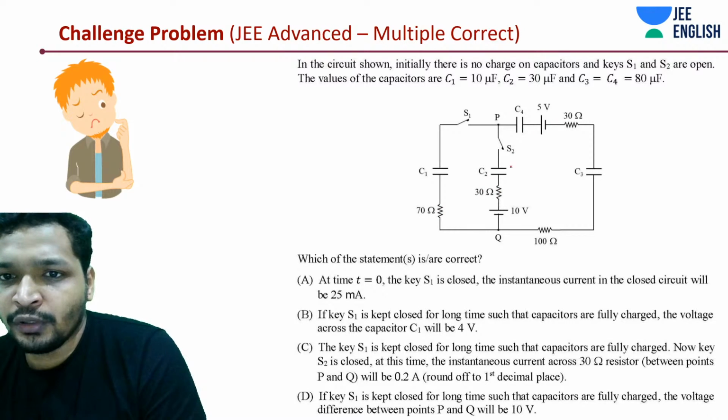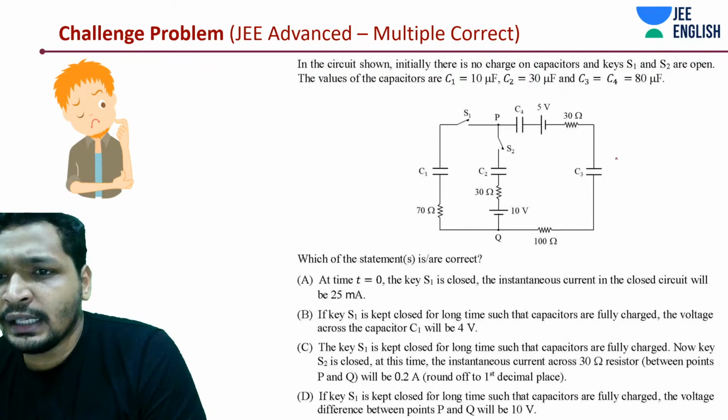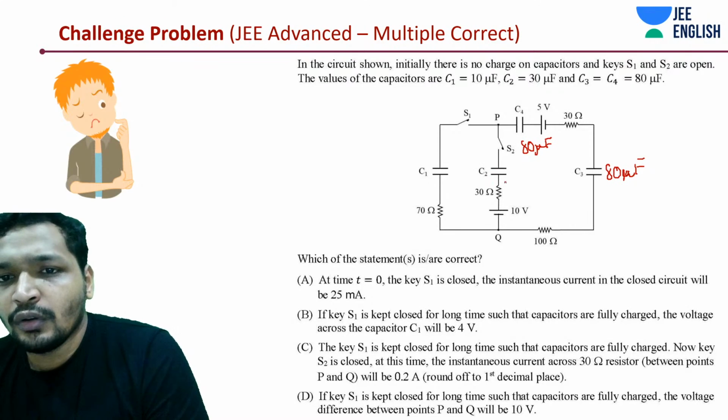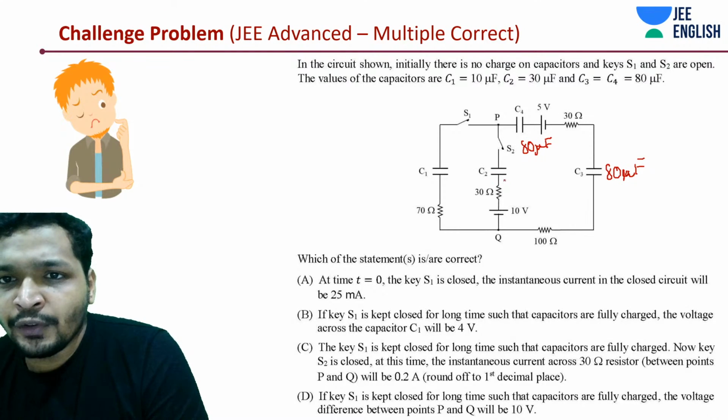This is 5 volts, C4, C2. Value of C3 and C4 are equal, 80 microfarads, 80 microfarads. And value of C2 is given as 30 microfarads.